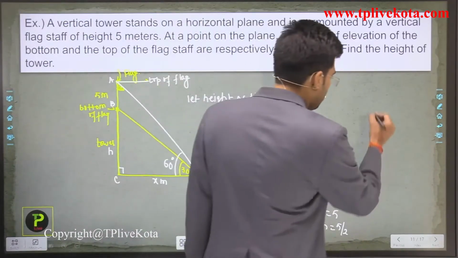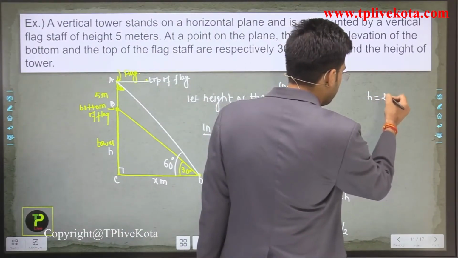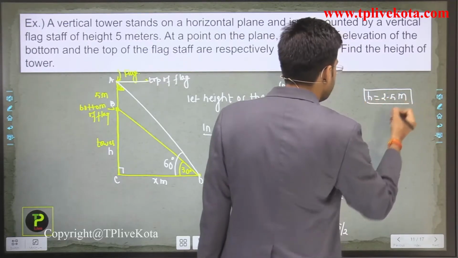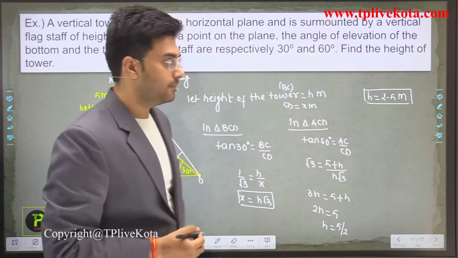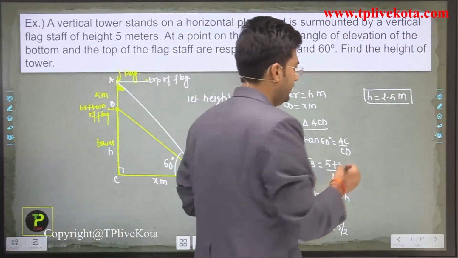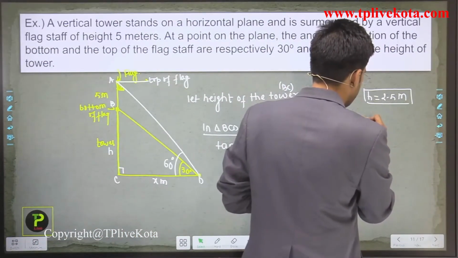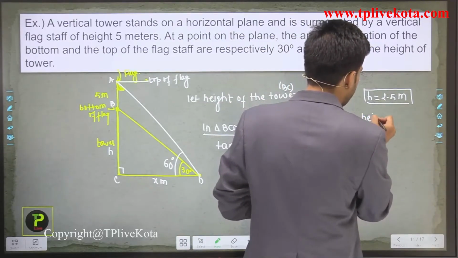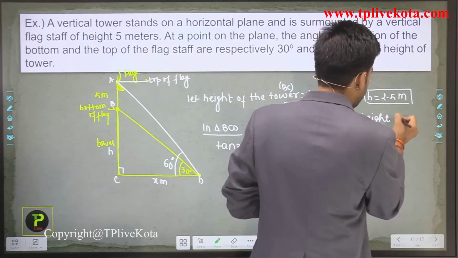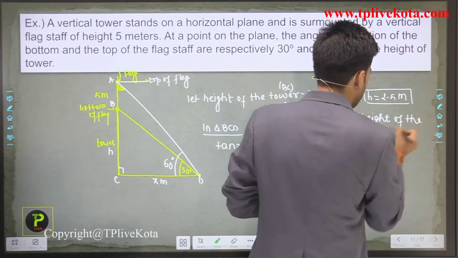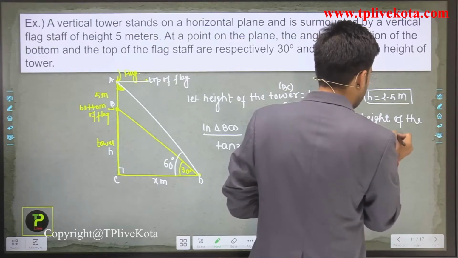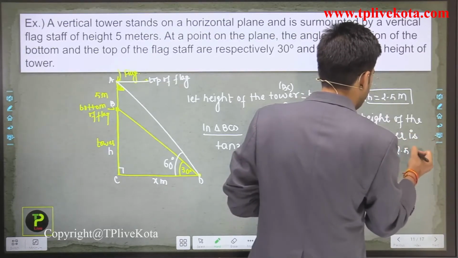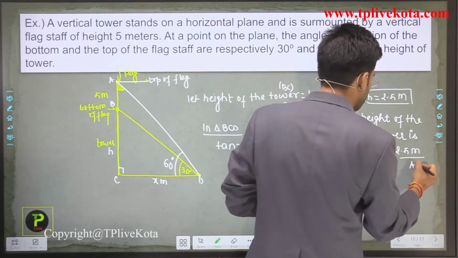So the height of the tower is 2.5 meter. So we can write, height of the tower is 2.5 meter. This is our answer.